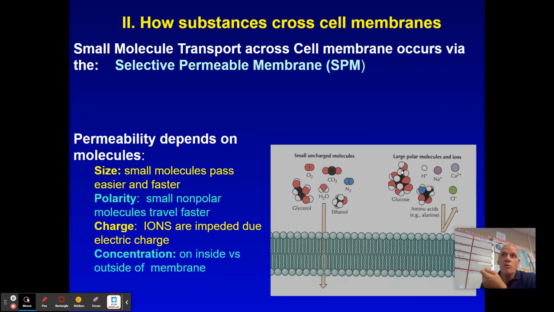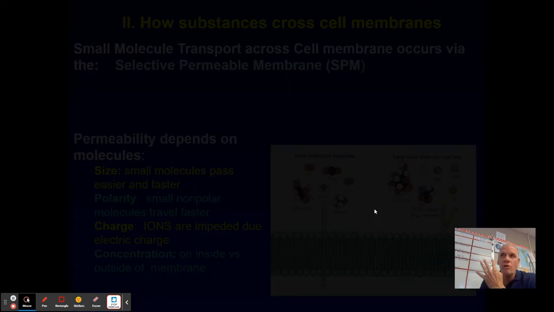Large polar molecules are restricted by size or charge in ions. Ions cannot go through, and strongly polar molecules such as this amino acid and water really cannot move through very well. Okay, so those four things, make sure you know what those four things are.